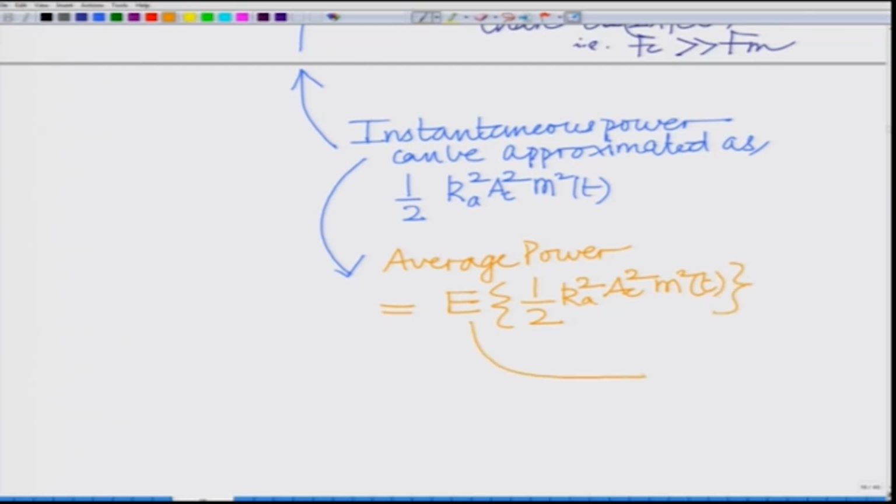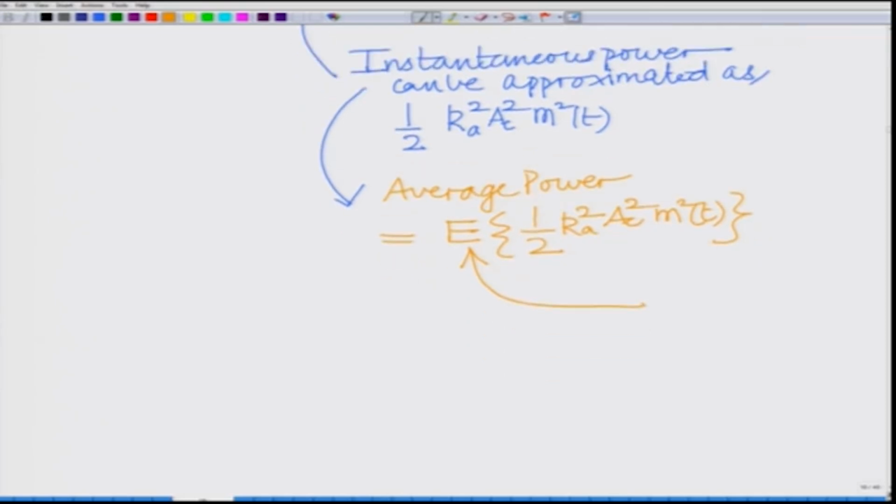Remember, E stands for the expected value of a random variable or a random process. In this case, m(t) is a time varying signal, so it is a random process.